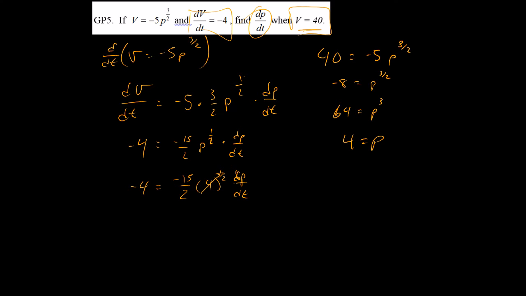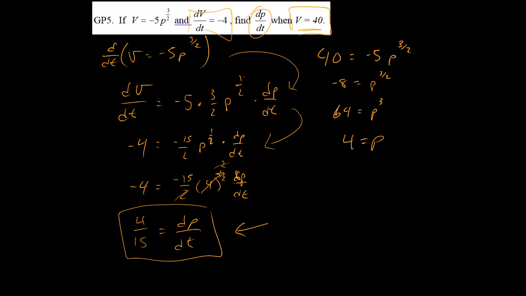We know this goes to 2, and then this 2 and that 2 cancel out. We divide both sides by negative 15, so we have 4/15 is equal to dp/dt. Bada bing, bada boom, and we're done. So you should have gotten this. If you didn't, go back and check your work from step to step.